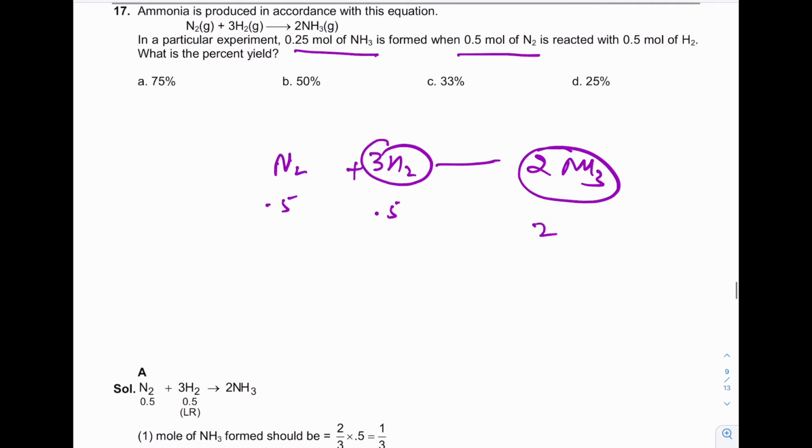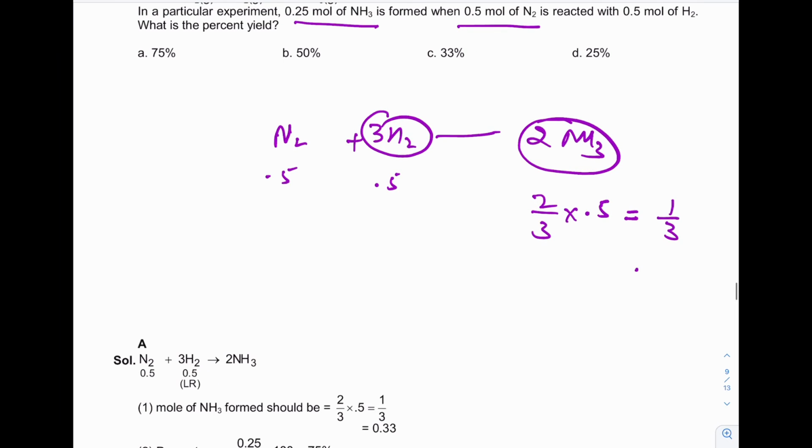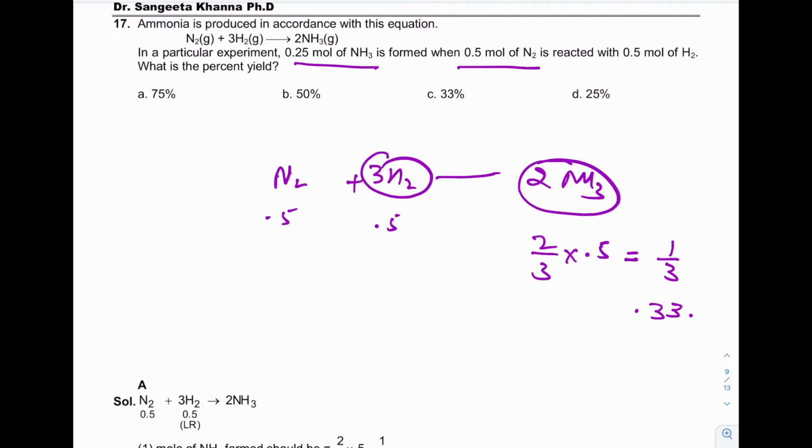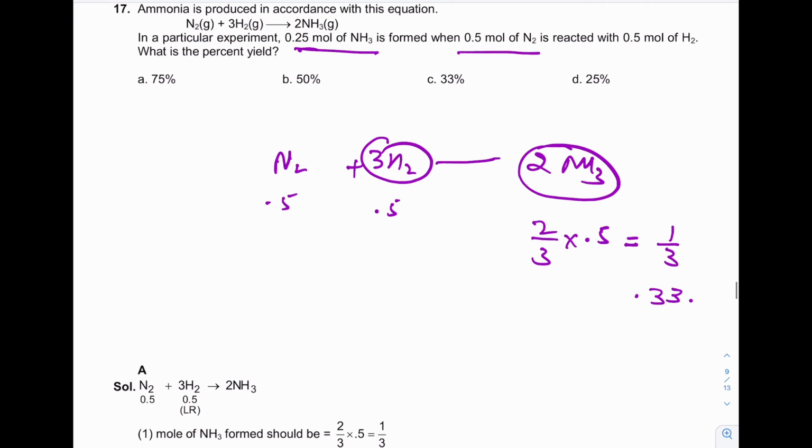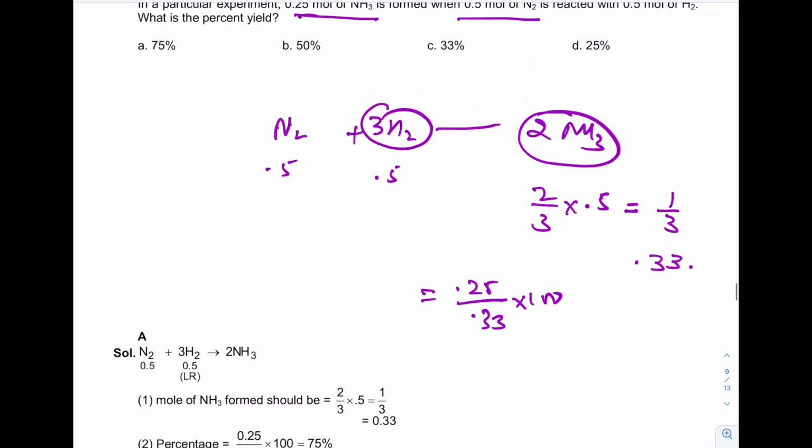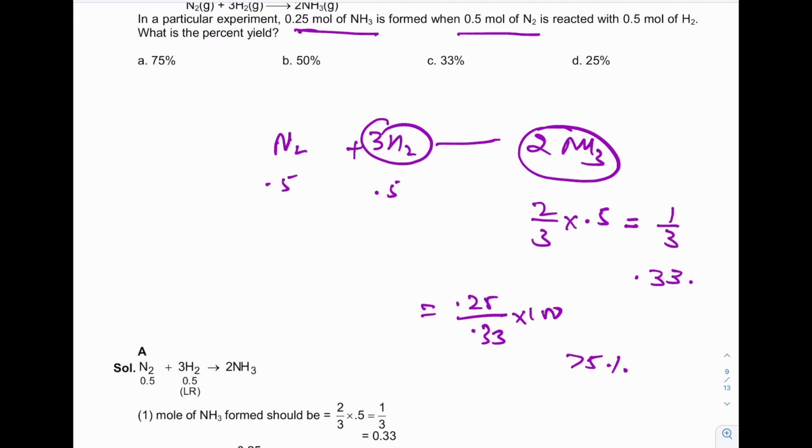It is 0.5, then ammonia formed will be 1 by 3, that is 0.33. And actually 0.25 moles of ammonia is formed. Theoretically it is 0.33, actually it is 0.25. So percentage yield will be 75%.